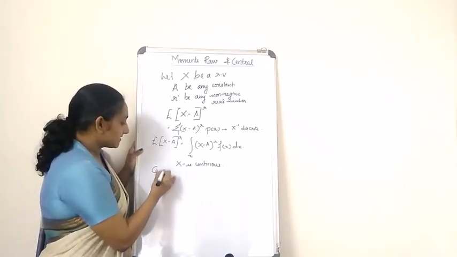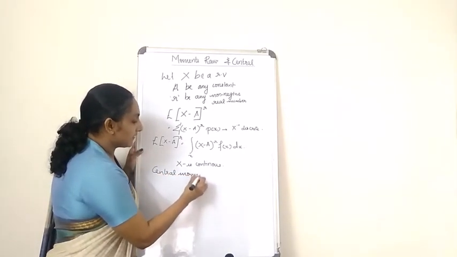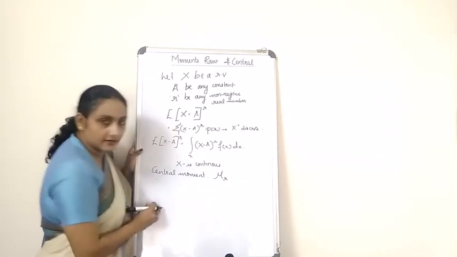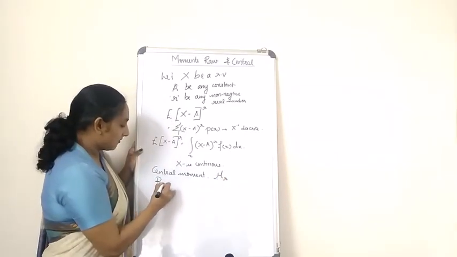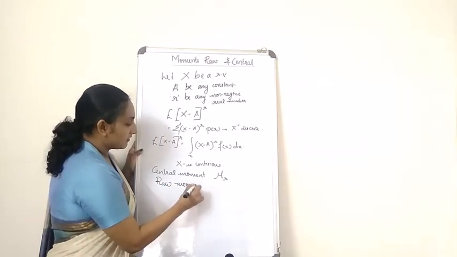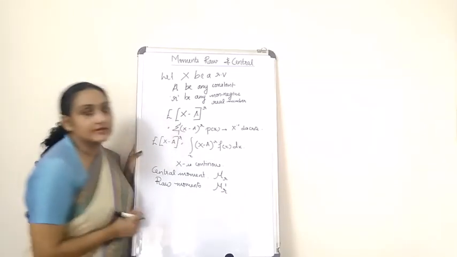Usually, just keep this in mind: central moments we represent by the notation mu r, and the raw moments we represent by the notation mu r dash.